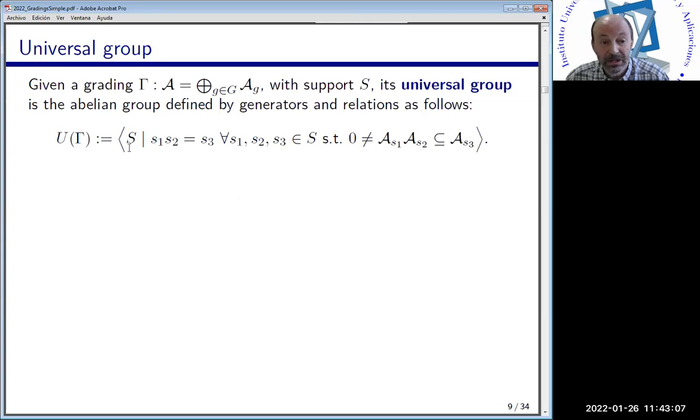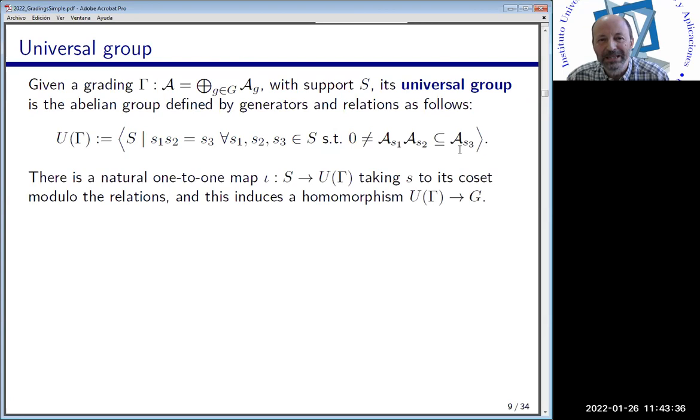So we consider the support of the grading and we impose a restriction each time we have that the product of two homogeneous components is different from 0. This is important. And the product of two homogeneous components is contained in a third homogeneous component. So we impose the restrictions in the grading group G, but not all of them. And this way, we get an invariant of the grading.